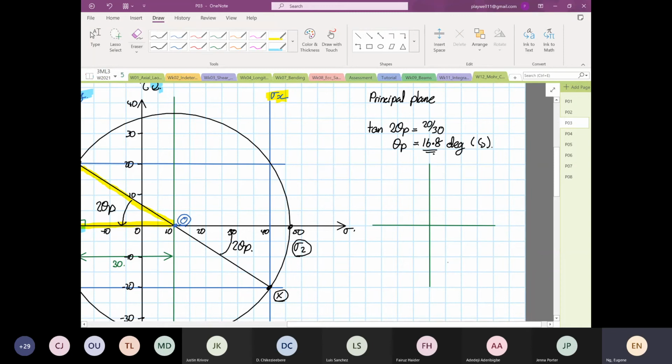Now we are going to rotate anti-clockwise 16.8 degrees. Before I go on, I'd like to elaborate. I know you guys are wondering, are we going to draw a Mohr's circle? No, we're not going to draw a Mohr's circle.